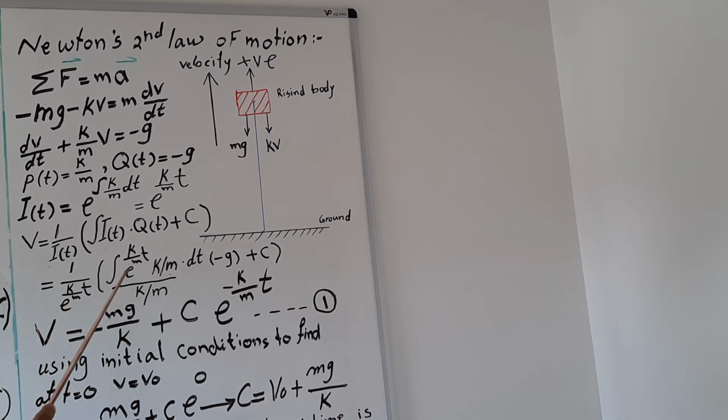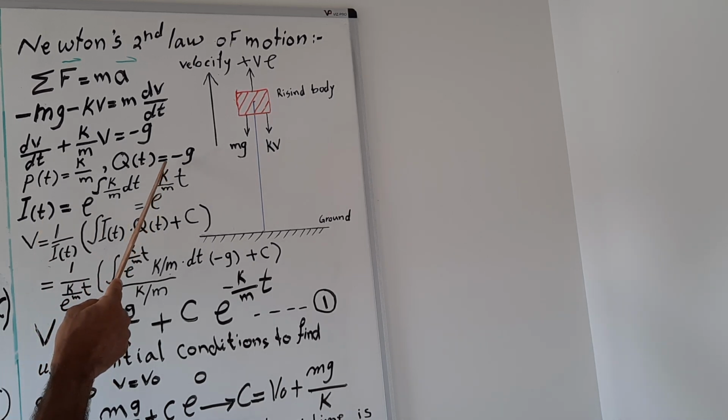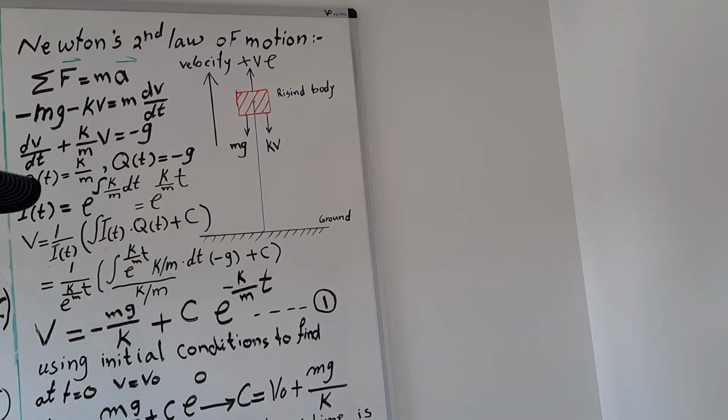So the integrating factor here we find is e to the power k over m times t. Just the normal solution as we did before, and we plug the integrating factor in this solution. We got v equals minus m g over k plus c e to the minus k over m t.